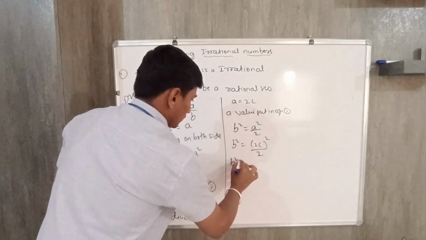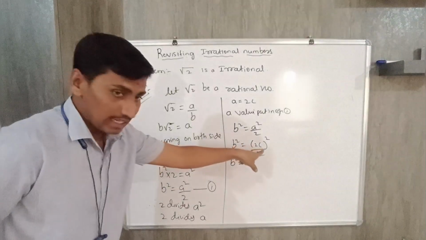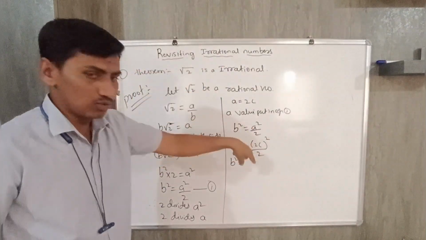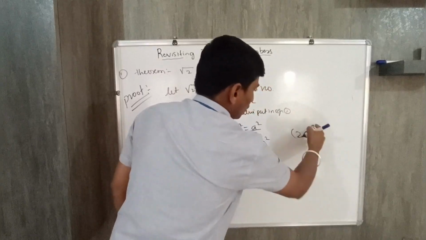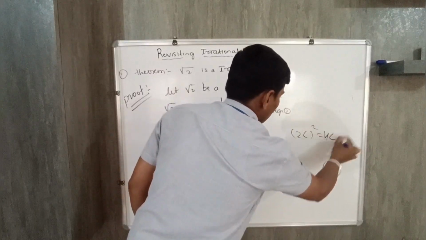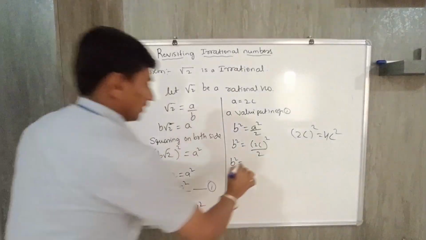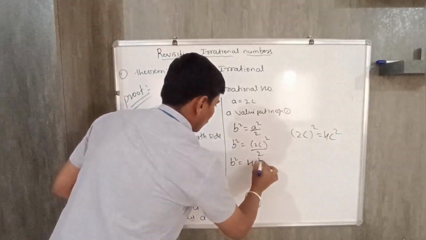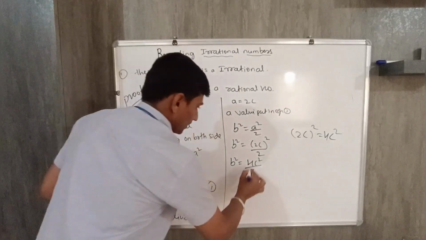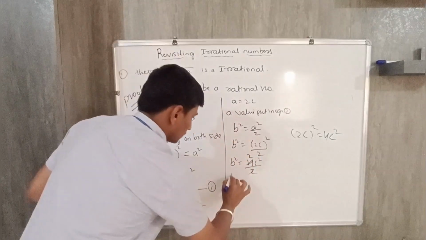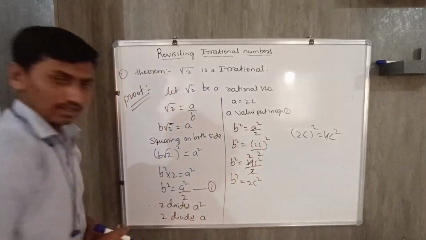So again b square equal to 2c whole square. 2c whole square means 2 to the power 4 into c square. Right? So here 4c square by 2. 2 ones are 2, 2 twos are 4. So now b square equal to 2c square.